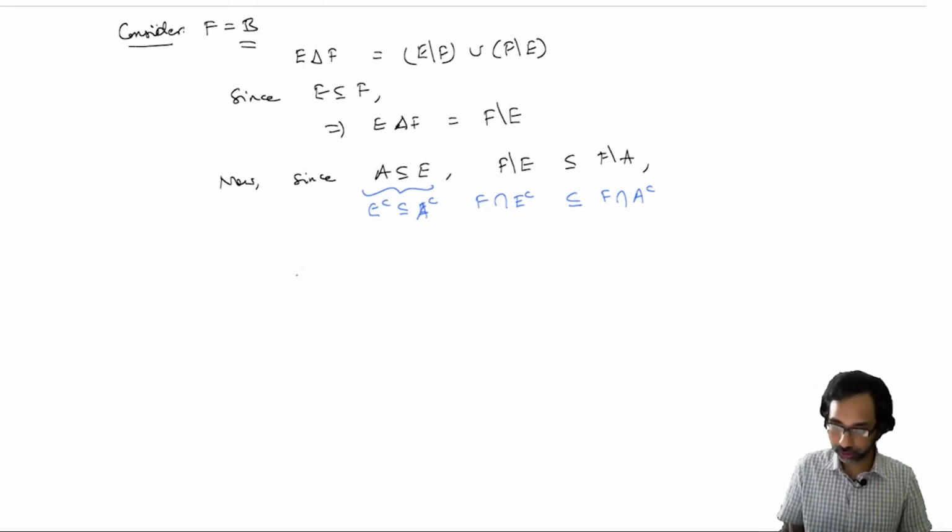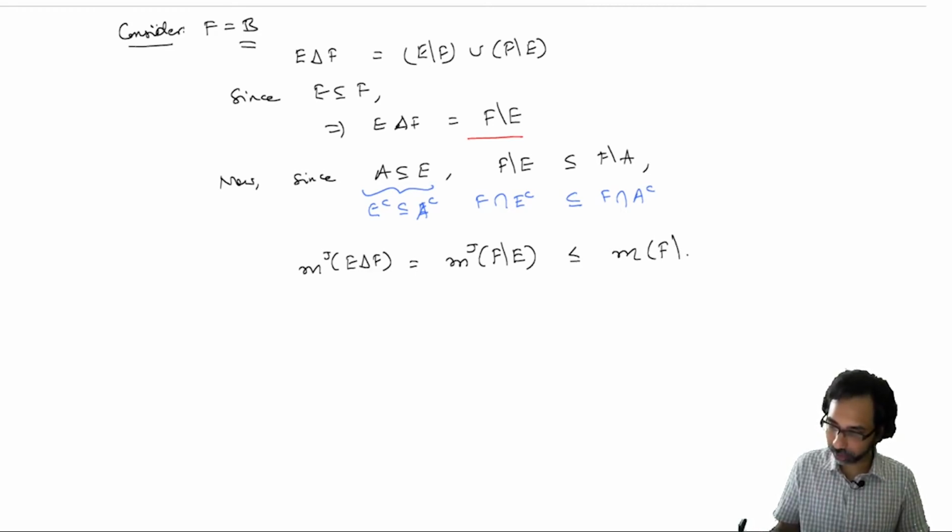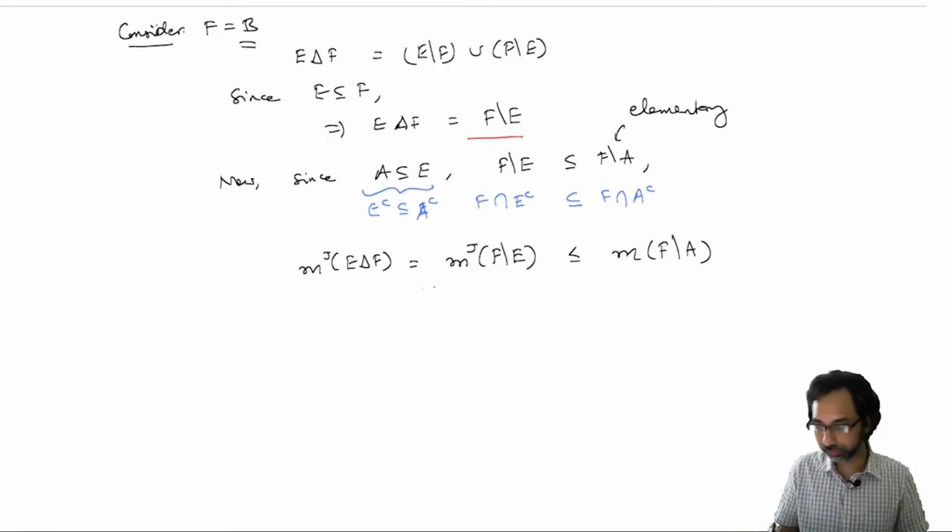Now by the definition of the outer Jordan measure of the symmetric difference of E and F, this is nothing but the outer Jordan measure of F minus E because of our choice of F, and then this is less than or equal to the measure of F minus A, because this set is now elementary, and by the definition of the outer Jordan measure, this is the infimum of all such sets.